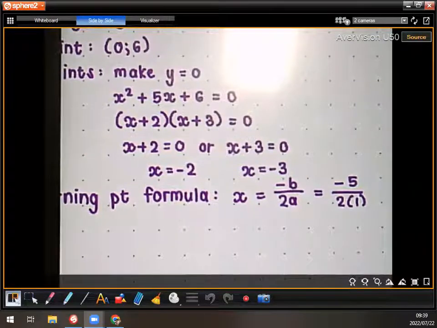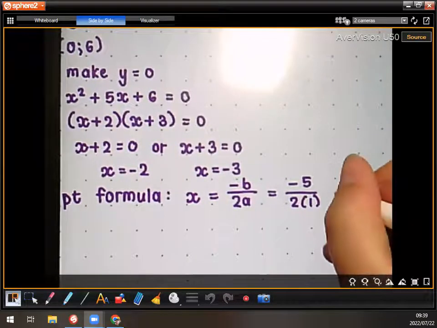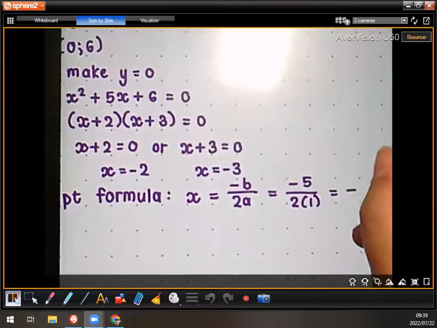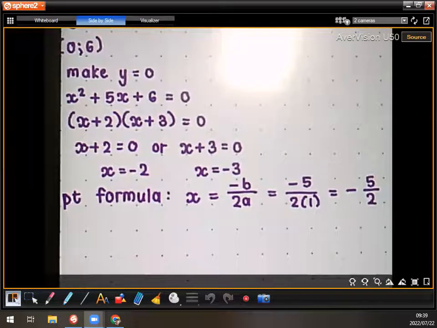You get those values from the equation. Then you just need to simplify that. Can't really do much with that. You can just write it as negative 5 over 2, which is negative 2 and a half. So that is the x value of our turning point.